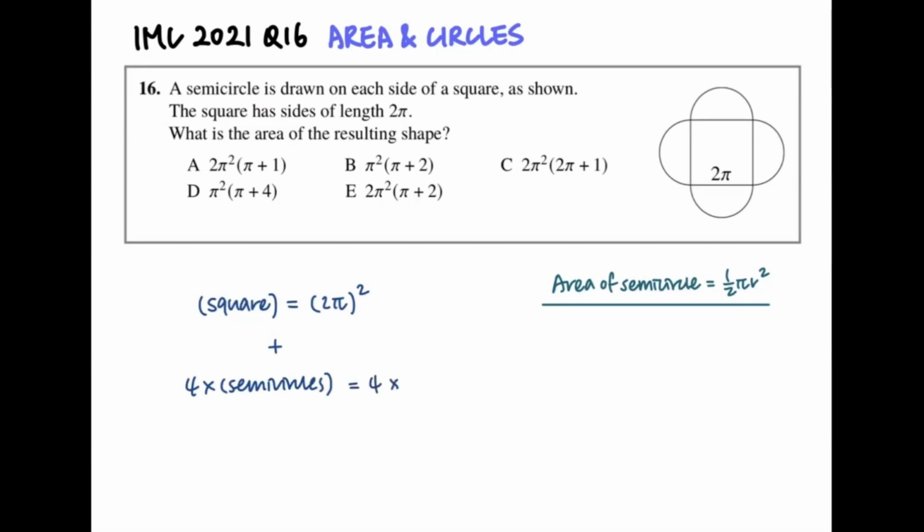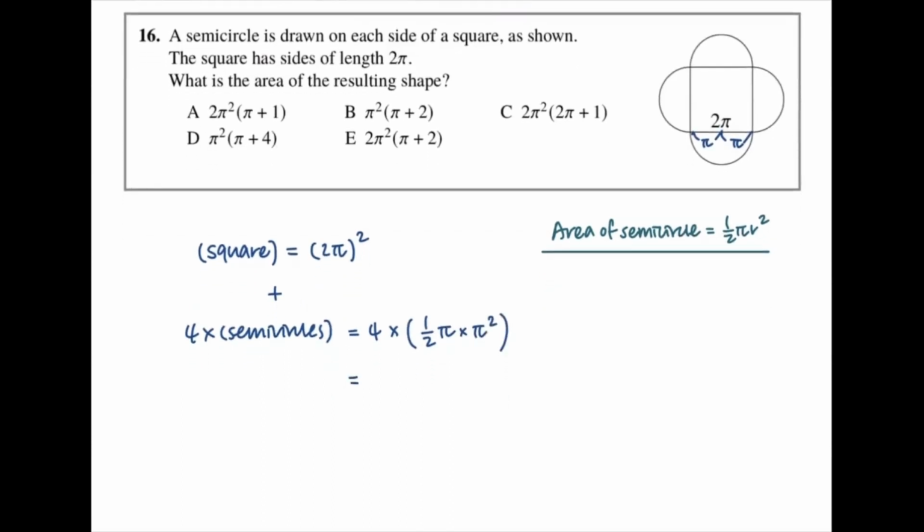We know that the radius is half the diameter, and each of them are equal. So we get pi for each of them, and pi here as well. So it would be pi squared. That would be equal to 4 times half pi cubed, which is 2 pi cubed.